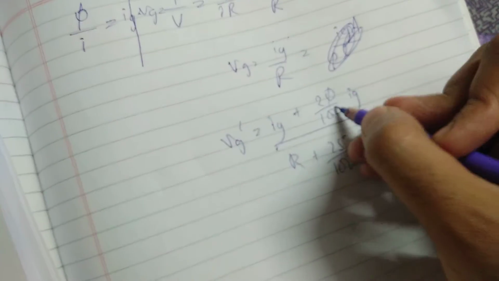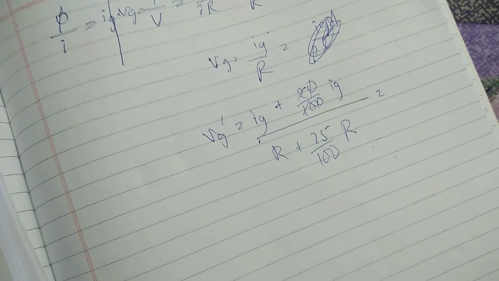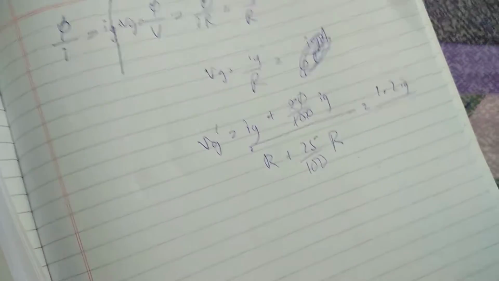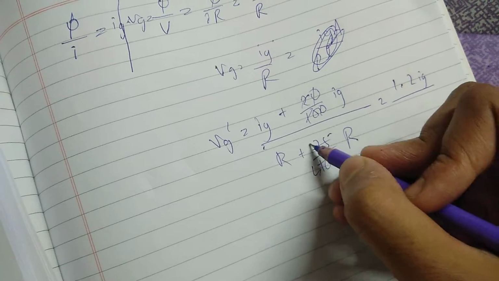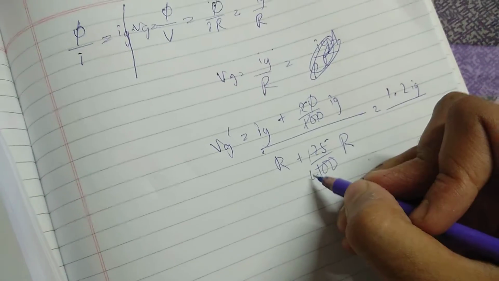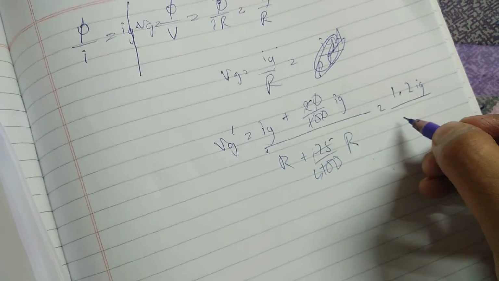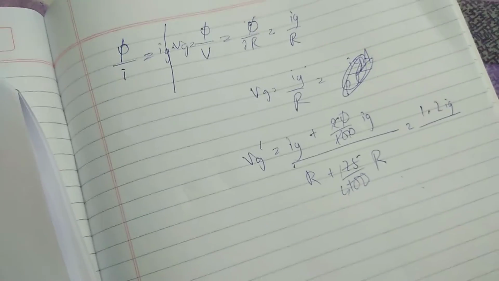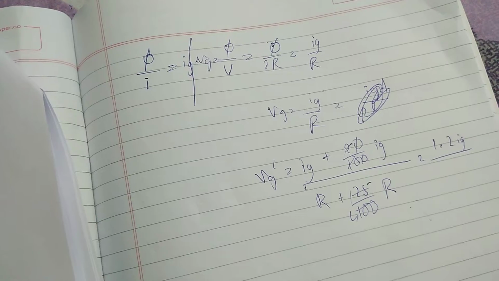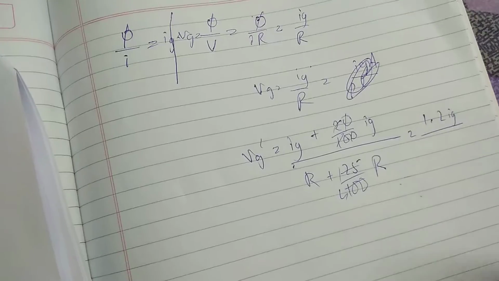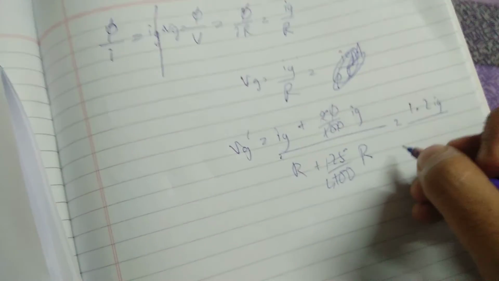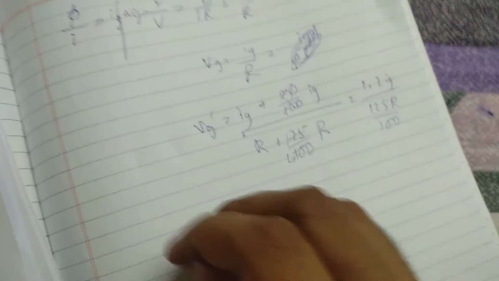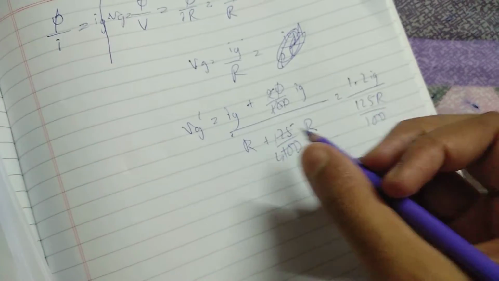So that is 0.2, so 1 plus 0.2 is 1.2 IG over 1 over 4, so basically 125, if you do directly 125 R over 100. So now this is my new VG.